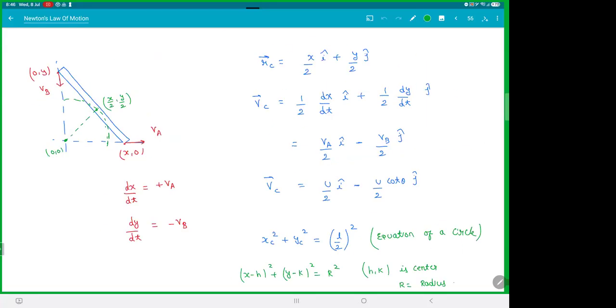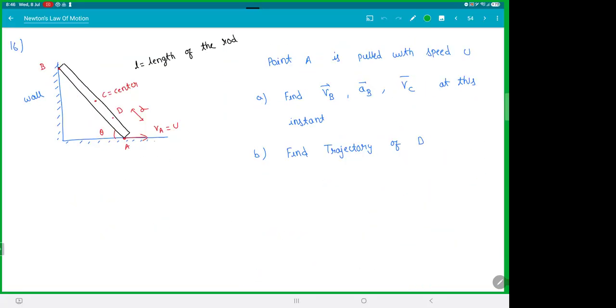Any doubts so far? Think for a minute. How do you get the trajectory for D? Let me help you out. Find the coordinates of D in terms of x and y. Let A's coordinate be x comma 0 and B's coordinate be 0 comma y. Find the coordinates of point D. Start from there. That should give you some idea.